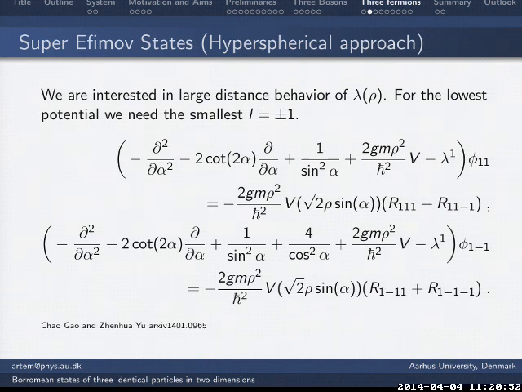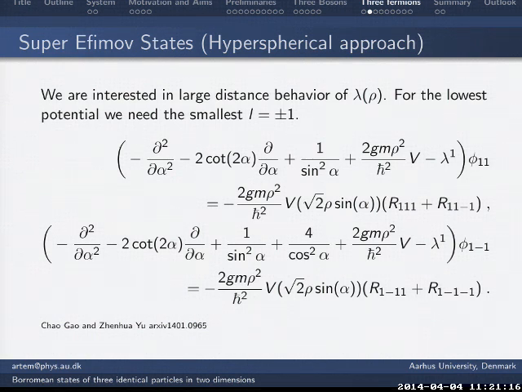And this leads to two coupled equations, 1 and 2, and these are the couplings that come from the full wave function. The problem in solving this equation is to establish these couplings.